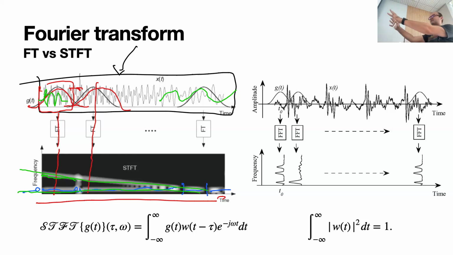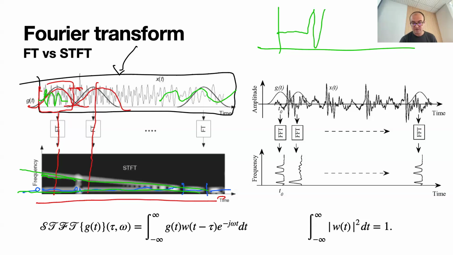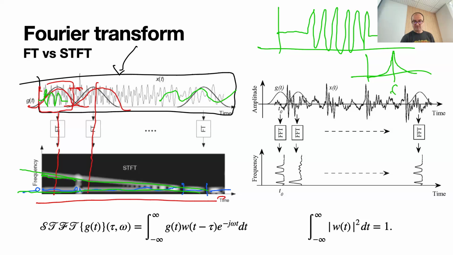And this is the thing that we would like to do. If I make a sketch, if we have a sine wave like this, and I do an FFT of this signal, I'm going to get, I guess, something like this, a peak at this frequency.